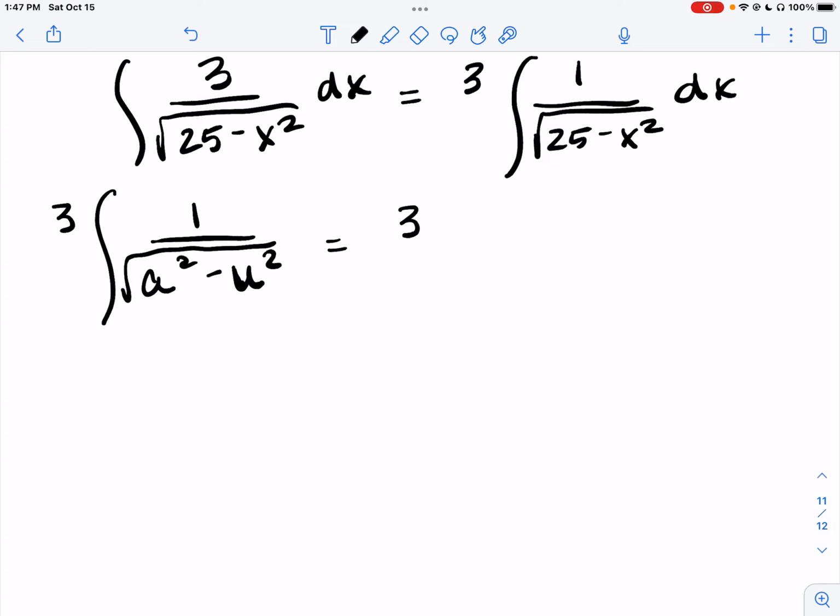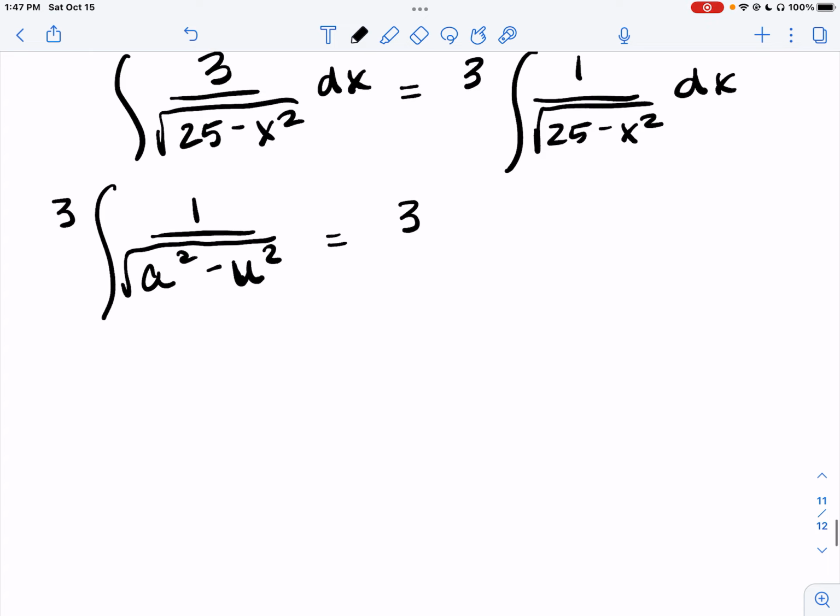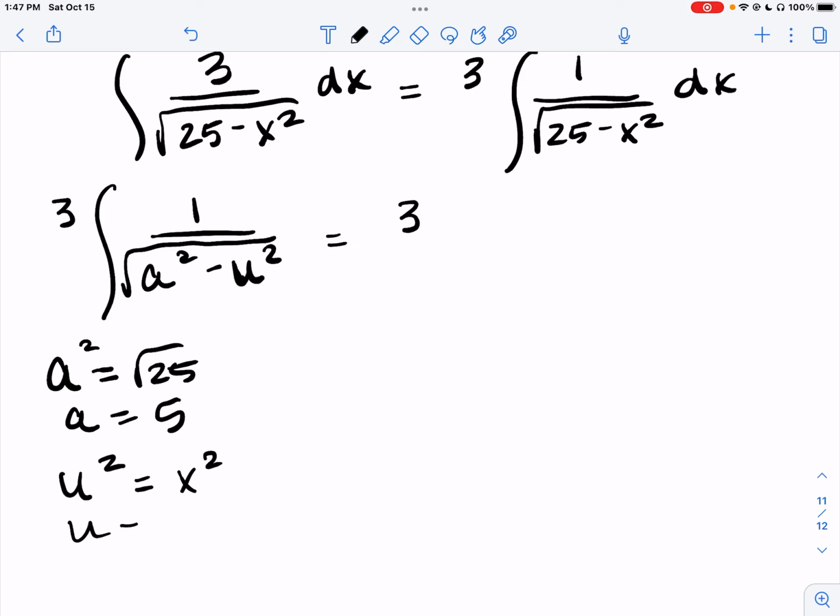And that integral is, let me write down my a and u. A squared is square root of 25. A is 5. U squared is x squared, so u is x. And du is 1 dx.